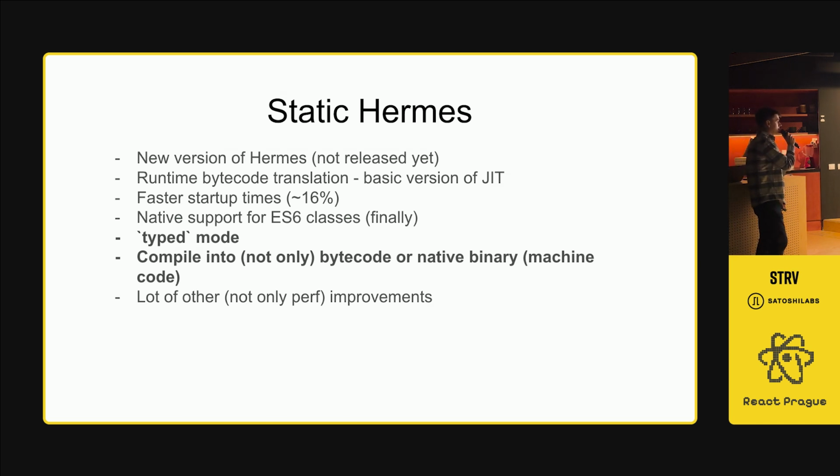And it's also possible to compile the code into bytecode or into a native binary directly. So there is not even a bytecode step, it just gets executed, but it has some disadvantages. I will get to this also later. And a lot of other improvements, not only performance.